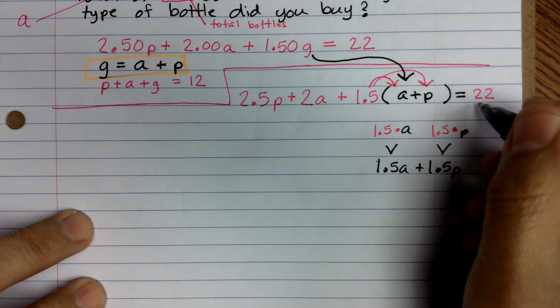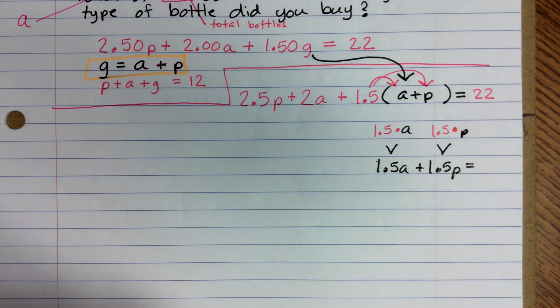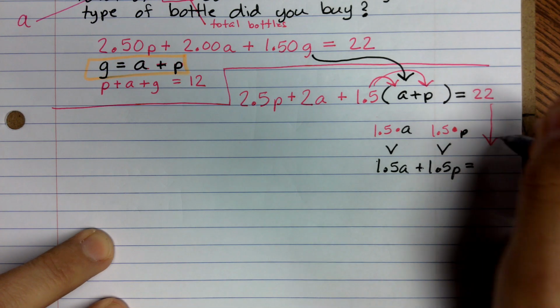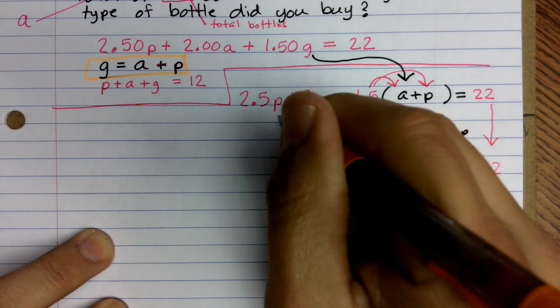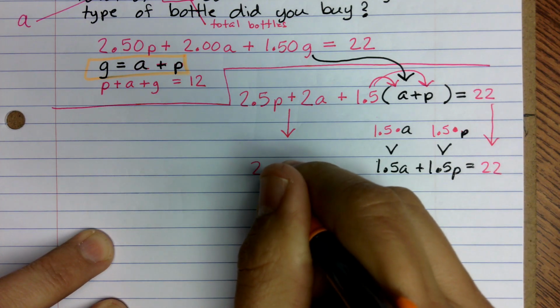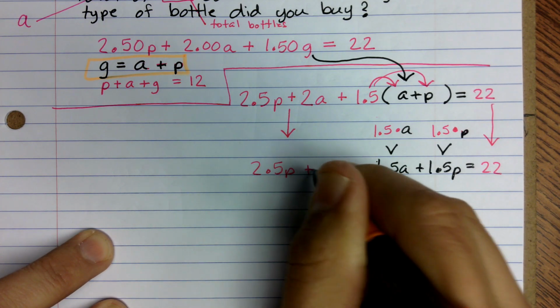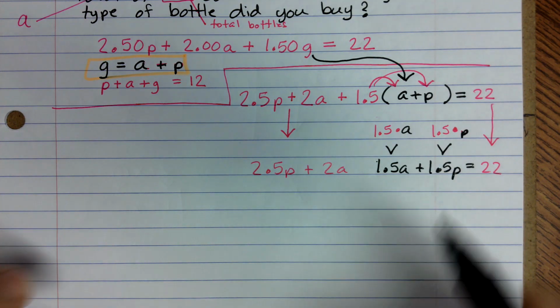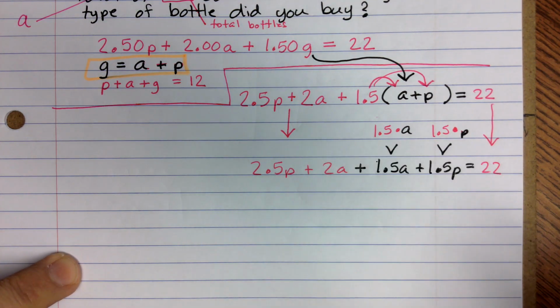I'm going to bring down the 22, so this is equal to 22. And I'm going to bring down these other values. So we got 2.5P, plus 2A, and this 1.5A, right, that was positive.